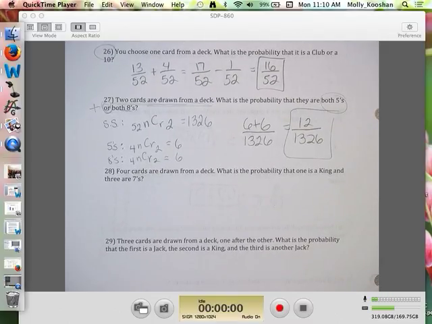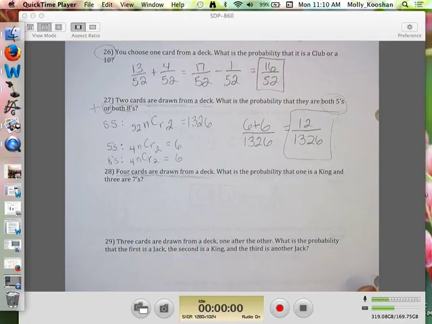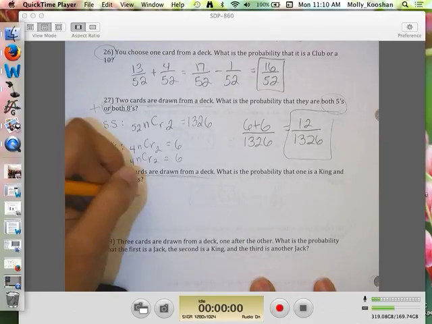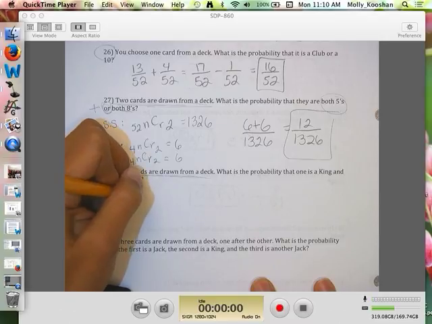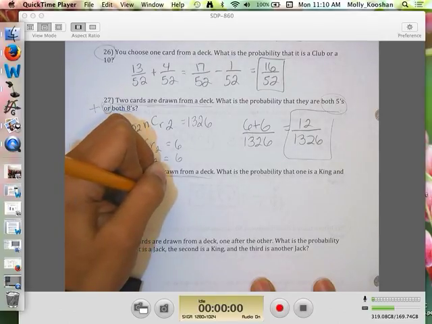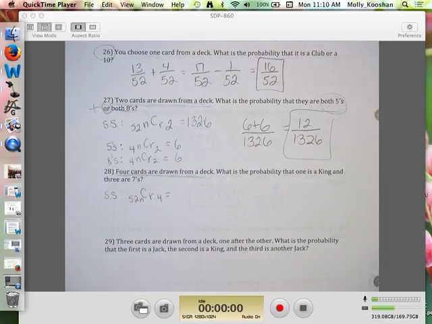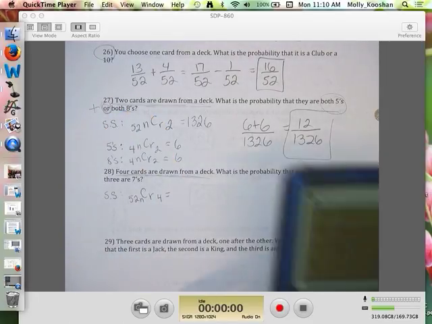Okay, number 28. 4 cards are drawn from the deck. What is the probability that 1 is a king and 3 are 7s? So our sample space, all the groups of 4 we can choose from those 52 cards, so 52 nCr 4.